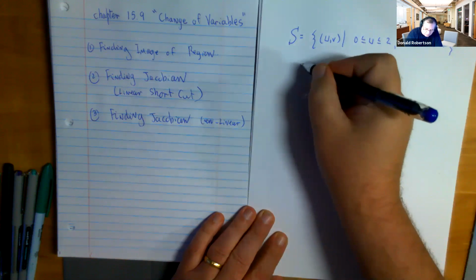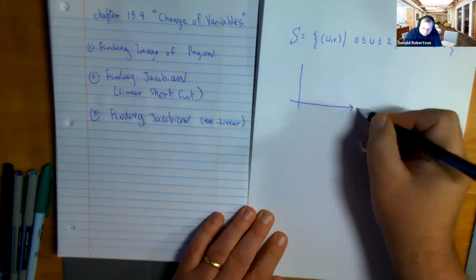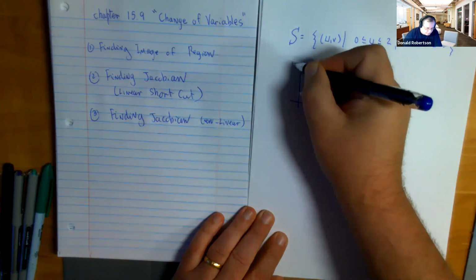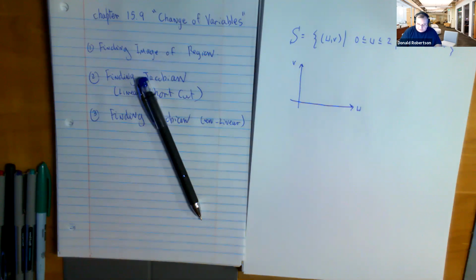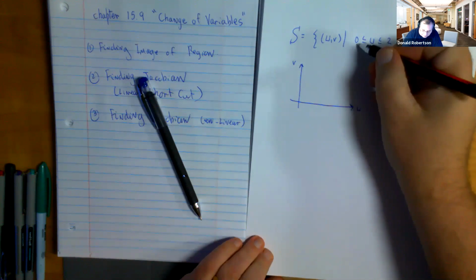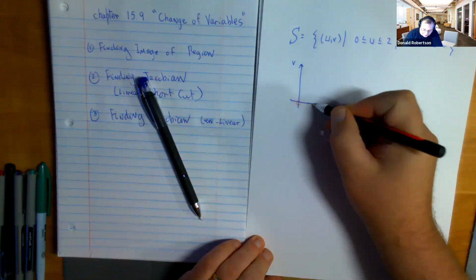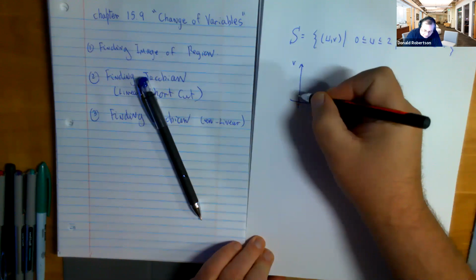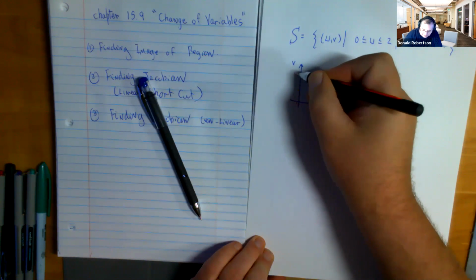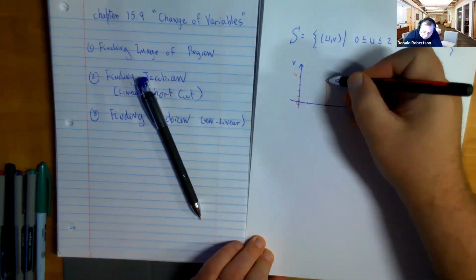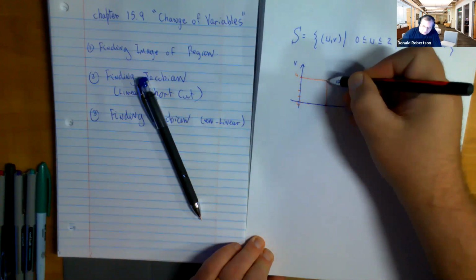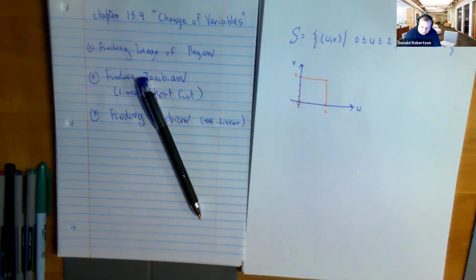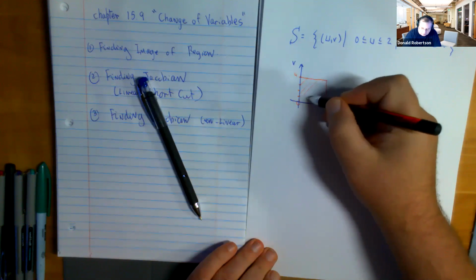Now, if I draw what that guy would look like, this would be typically U, this would be V, and U goes from 0 to 2, and V goes from 0 to 4. If you put the whole package together, would you agree that that region essentially describes a rectangle?